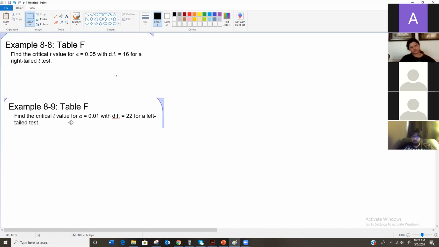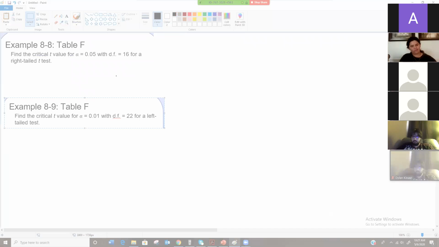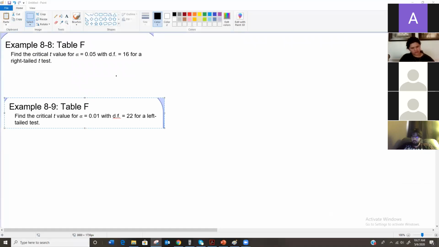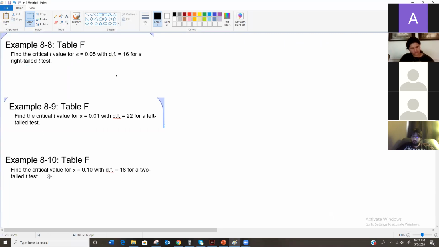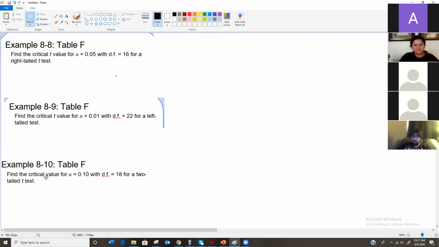Now we want a t-value for alpha 0.01, degrees of freedom 22. And then last but not least, we want a critical value for alpha 0.10 with degrees of freedom 18. So we're just going to practice on the chart here for a second.